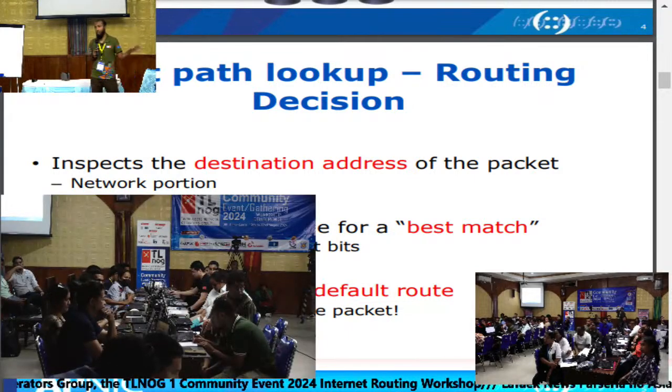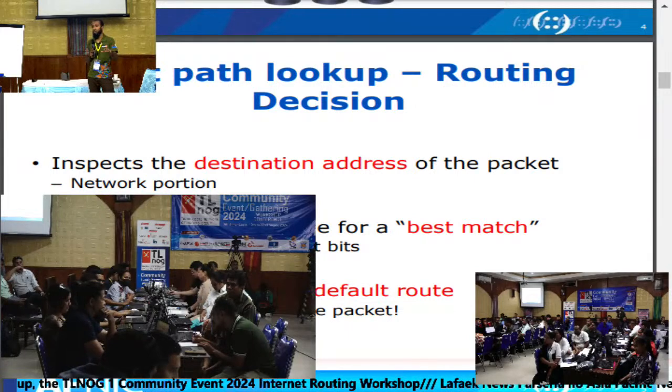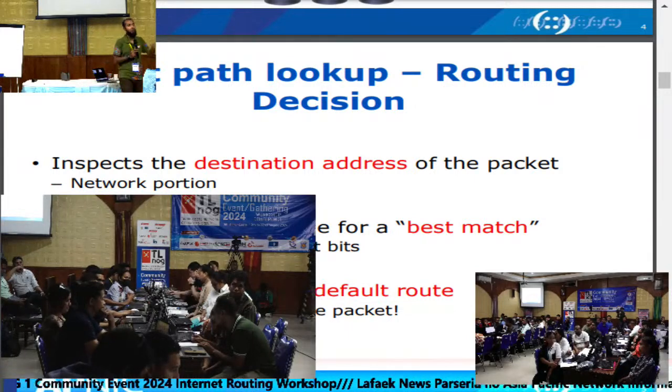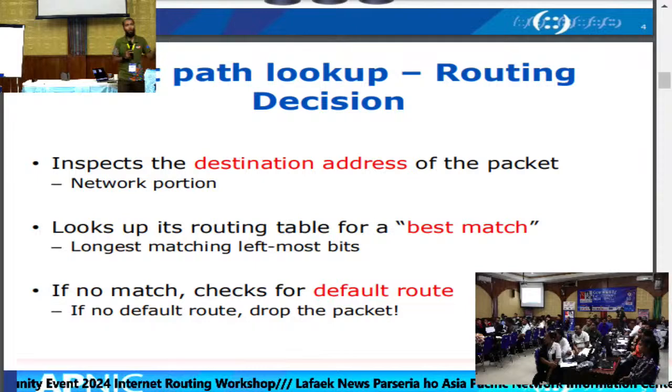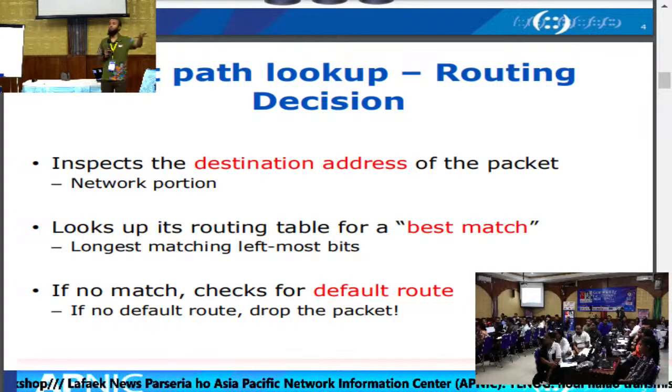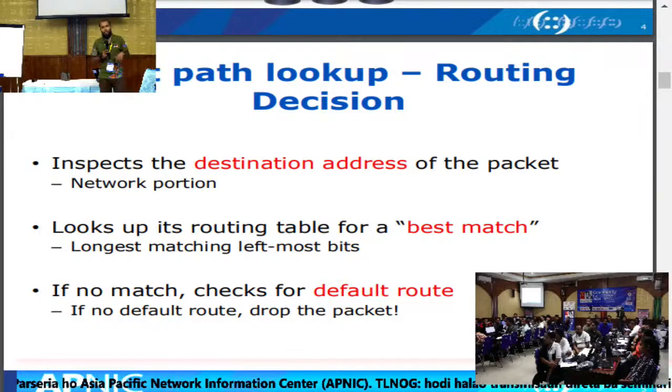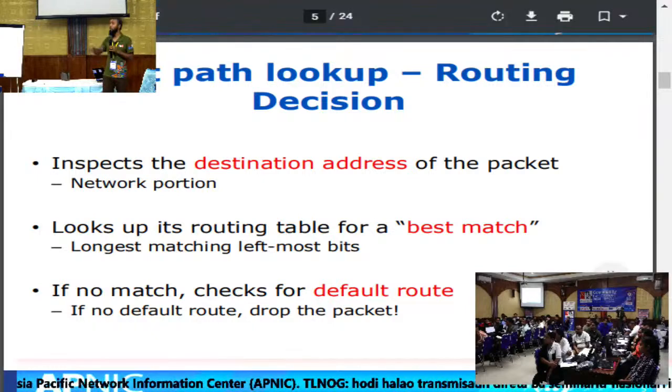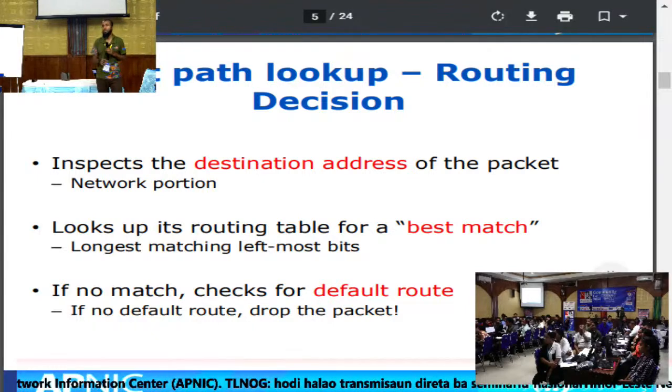For the switch, the layer 2 switch, right? In the beginning I told you a switch is in layer 2. It works in a different way. If it does not know anything, it passes it to everybody. But for a router, if it does not know the destination, it will drop the packet. It will not process it.